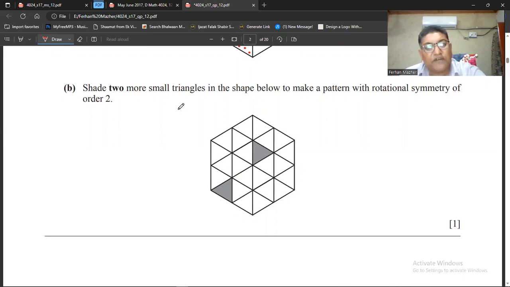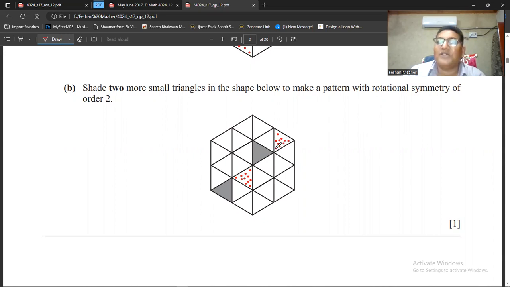Because this is order 2, there will be 2 blades, like a fan with 2 blades. For this blade, I will shade this one.